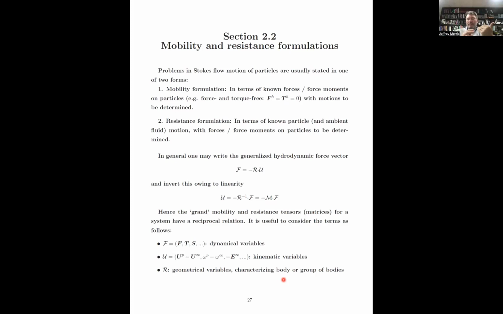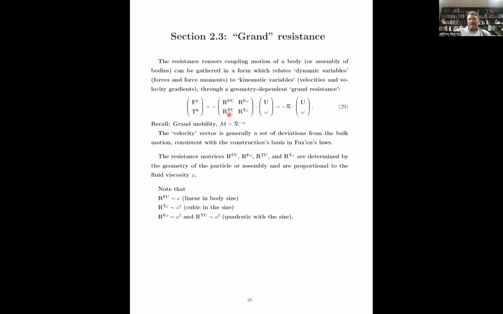So the idea of the grand resistance comes from the fact that the entire matrix that describes things at the force torque level, that is where I'm just considering linear and angular momentum, but not the straining, is that I have the resistance that gives me the force associated with velocity, the force associated with a rotation, and this is symmetric, this whole thing flips across the axis, and then I have the torque that's associated with the rotation.